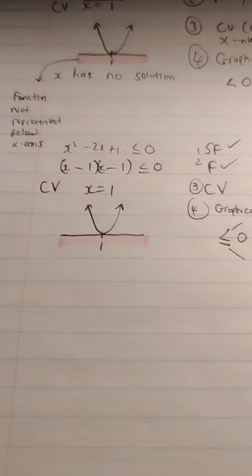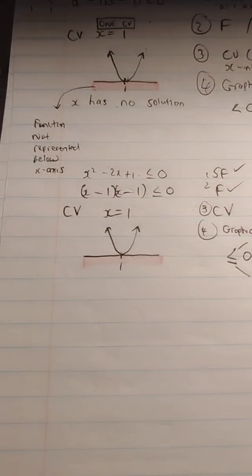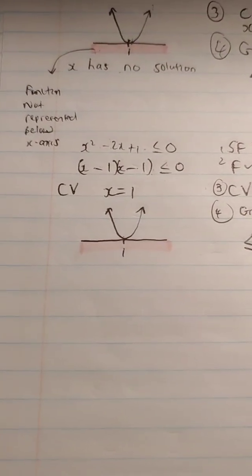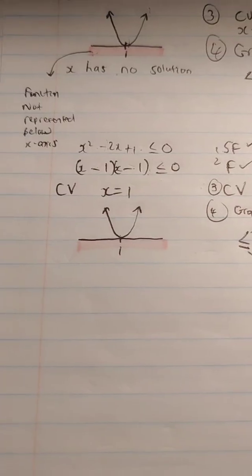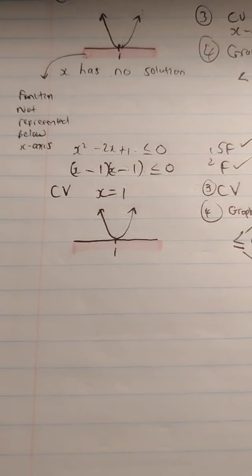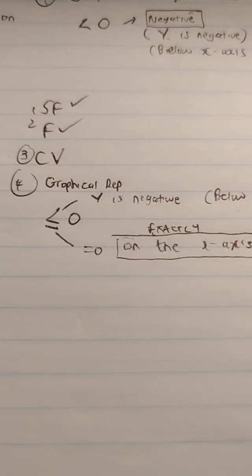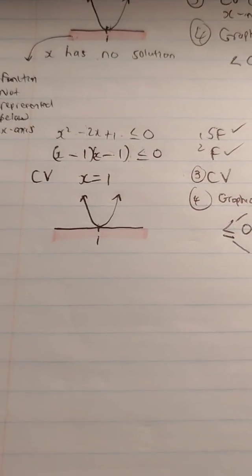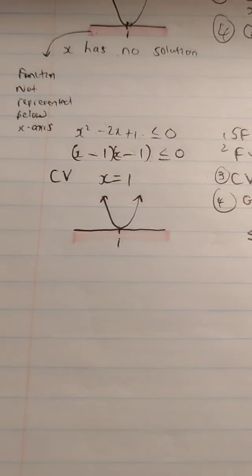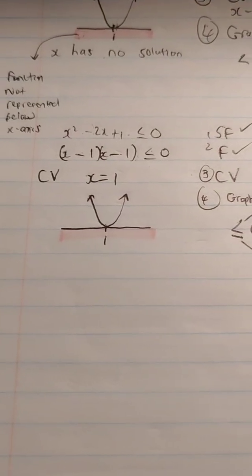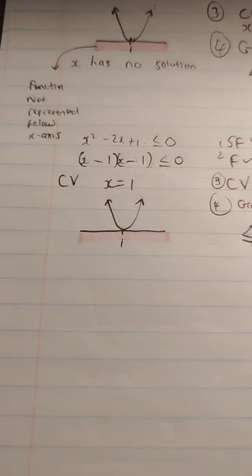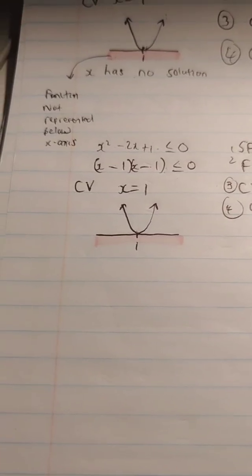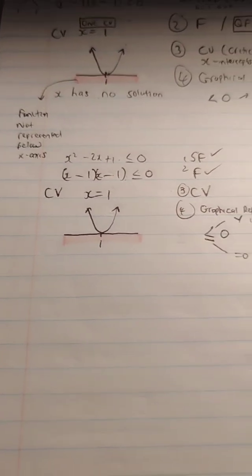I want to see in the comment section, is there a place where the function is exactly on the x-axis? Because the equal to 0 part is that. Yes, Boitumelo. Yes, there is. What is that value of x? Okay, Boitumelo answered it. The answer is 1.